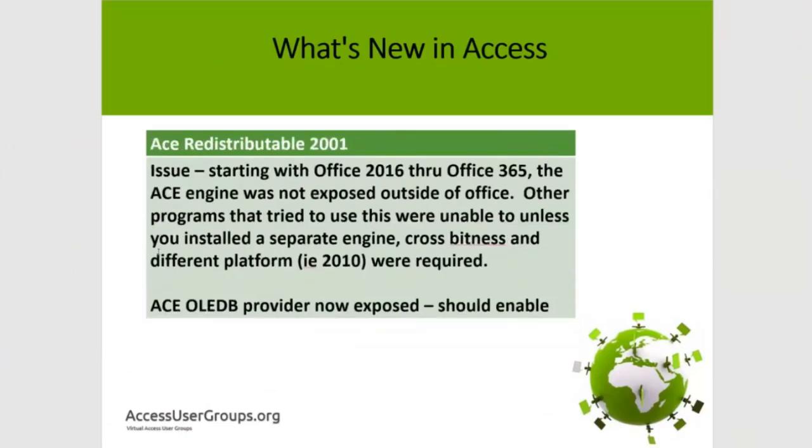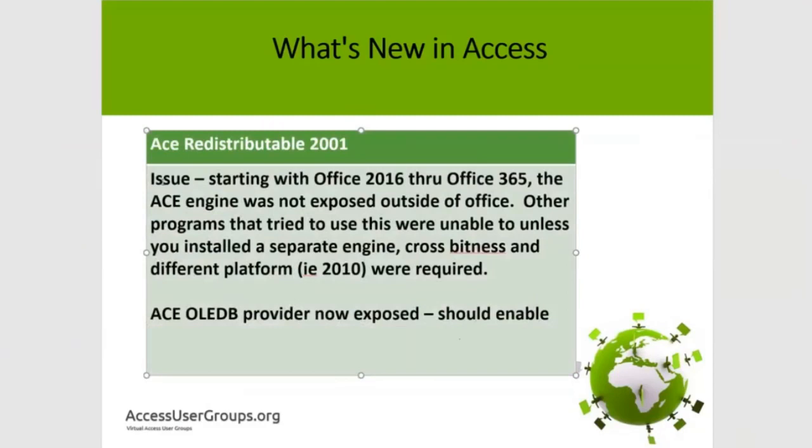So the next thing was the month before that, and that was separating out the ACE redistributable. I think I said that right. So just to kind of back up and explain what's going on here. The issue started with Office 2016, and it's perpetuated in Office 2019 and in Office 365 editions.